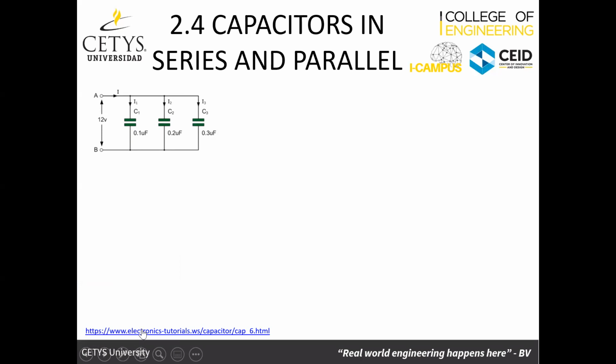The equivalent capacitance for this circuit is going to be given by, let's call it C total. Because they're in parallel, I simply need to add up the capacitances. So it's going to be C1 plus C2 plus C3, a direct addition.